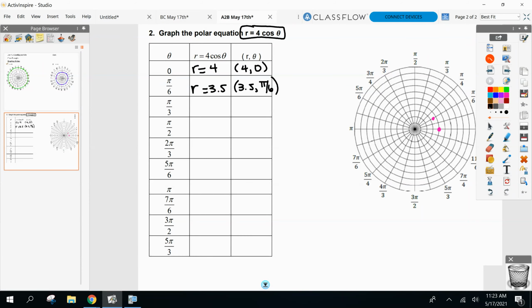All right, here you go. Pi over 3. I'm going to start calling on people here, but I'll give you a second to let me know what it is. Pi over 3 when I plug it in.